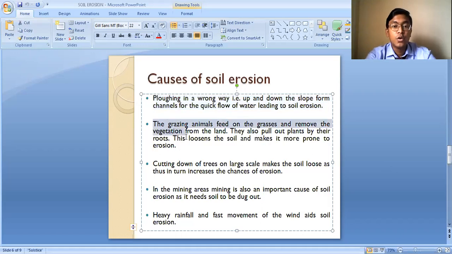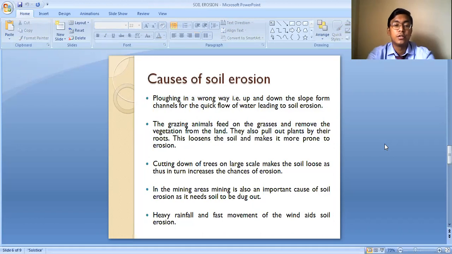The next, overgrazing. Overgrazing is another important cause of soil erosion. Like in case of land degradation, we saw how overgrazing causes soil erosion. When the animals are left free to feed on the grasses on the ground, they eat away the grasses, and sometimes after eating away the grasses, the land is totally exposed to the sunlight, the water, and the wind action.